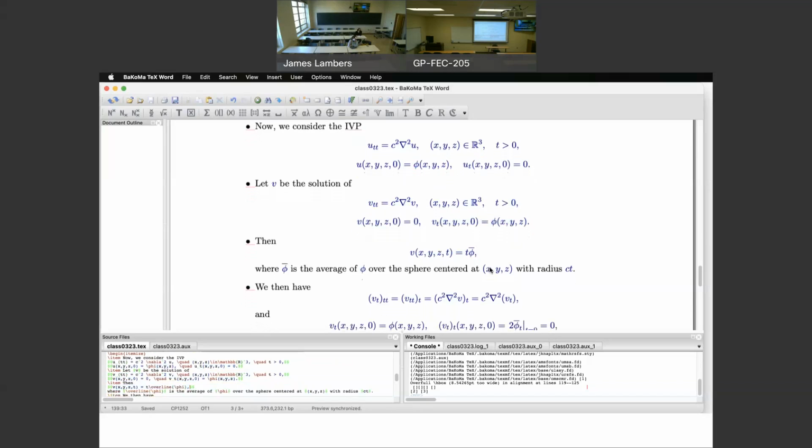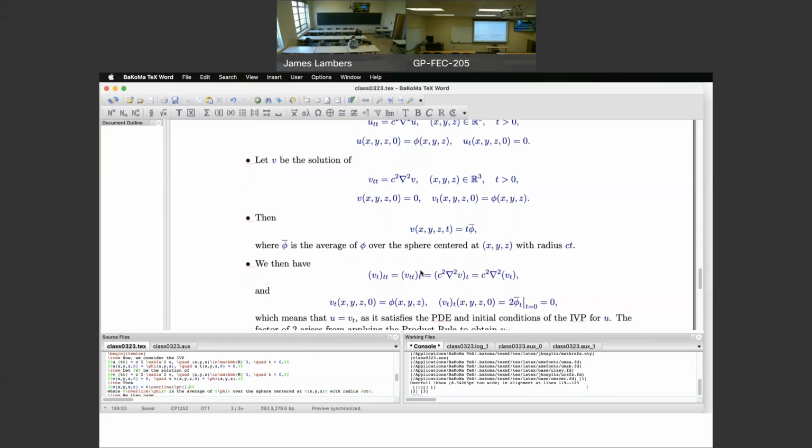Now, suppose I consider the derivative of this with respect to t. I know that v satisfies this PDE. So now I take the derivative of both sides of this with respect to t. Okay, so that gives me this.